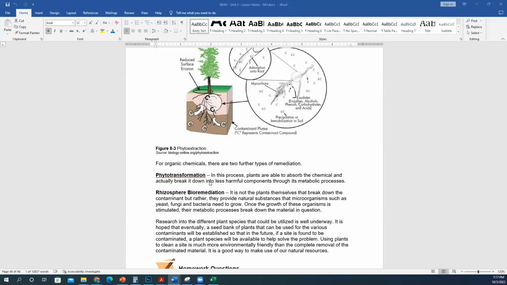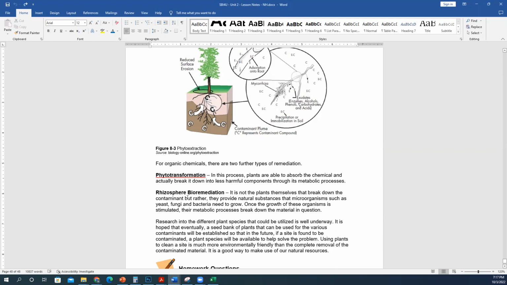In phytotransformation, plants are able to absorb the chemicals and break them down into less harmful molecules by metabolizing. So that's phytotransformation, where it gets transformed. The contaminant actually becomes transformed to a different type of molecule, a less harmful compound.